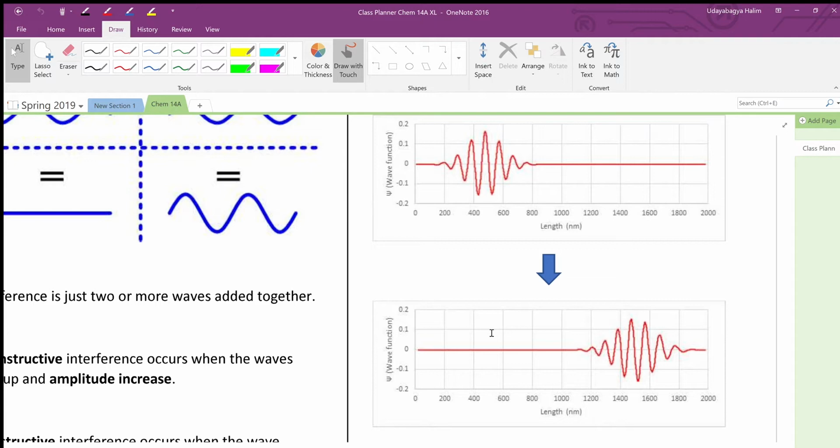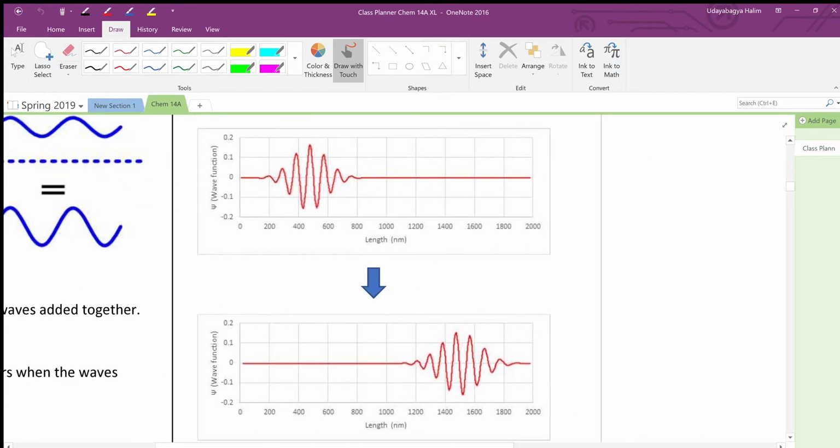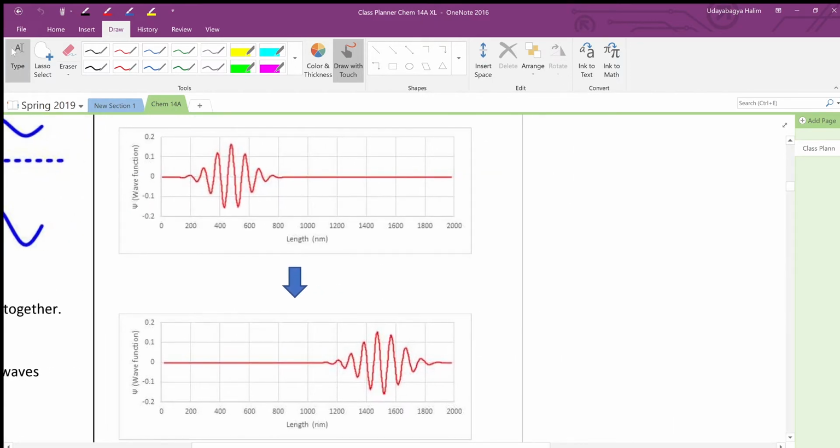This is the picture of a single particle, which is that one. And the important portion here is that the amplitude is proportional to the probability of finding the electron or the particle. The higher the amplitude, the higher the probability of finding it.